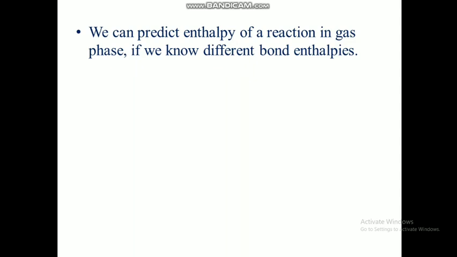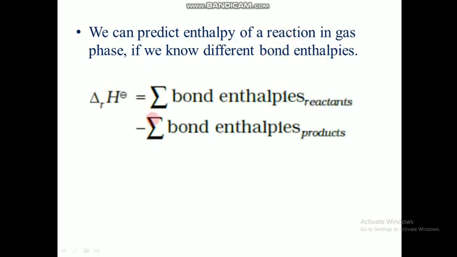So when the reactants are in the gas phase, we can predict the enthalpy of reaction just by knowing the bond enthalpy. The standard enthalpy of reaction, delta rH, is equal to the sum of bond enthalpies of reactants minus the sum of bond enthalpies of products.